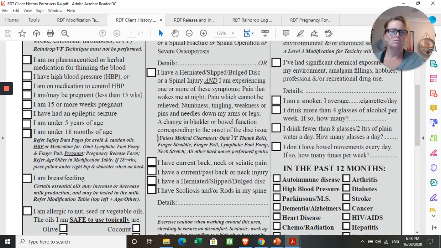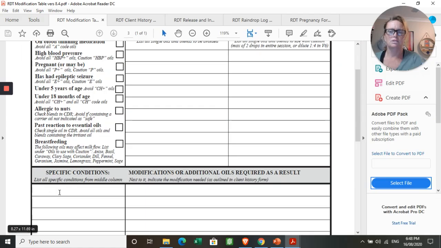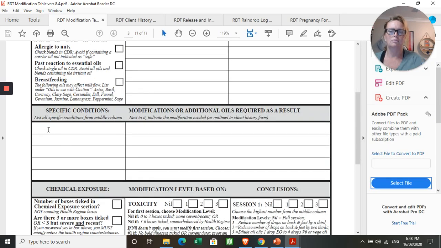Have I copied that information across? If someone had a spinal injury, I would be saying on the modification table what the specific condition is. It's high blood pressure, I'm going to omit something. It's a spinal injury, I'm going to omit more things. We want to see this level of detail and information on your forms, guys.